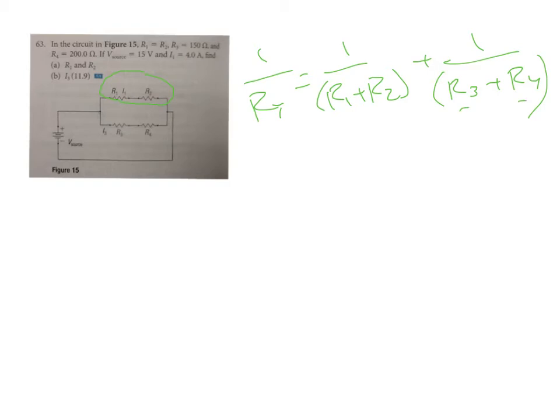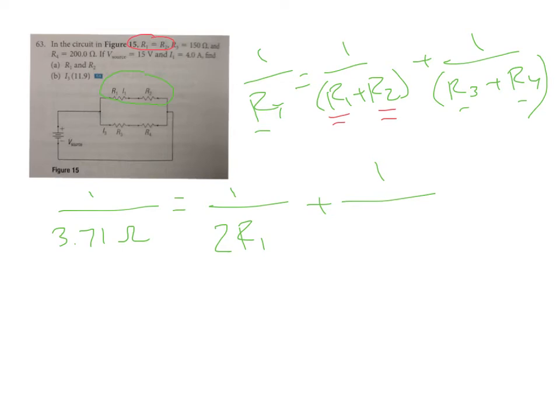For R3 and R4, we have values that were given to us. RT we just solved for, so if I plug those numbers in, it looks like this: 1 over 3.71 ohms equals 1 over, if you recall, R1 is equal to R2, given in the question, so I can say this is 1 over 2 times R1, plus 1 over R3 is 150, R4 is 200, so 350 ohms.